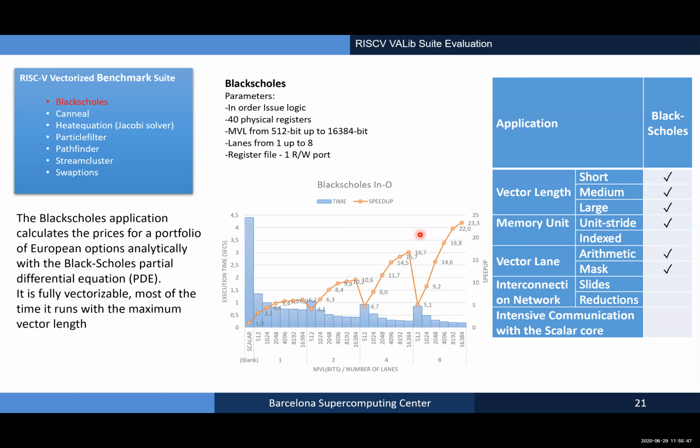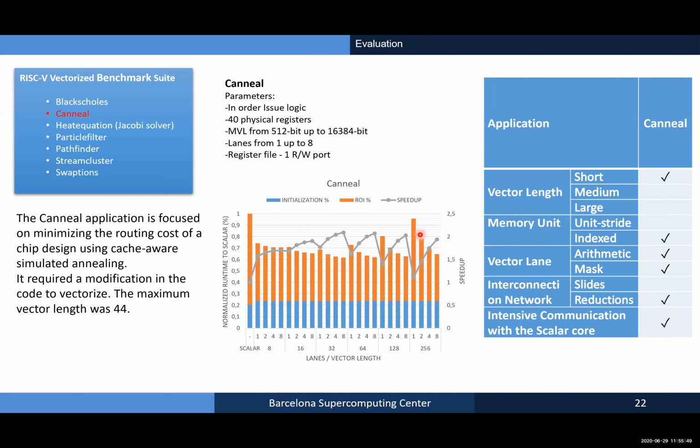Next slide. The Canneal application is about minimizing the routing cost of a chip design, and it required a modification in the code to vectorize. Unlike Black-Scholes, here the maximum vector length was 44, and you can see that in the speedup case.